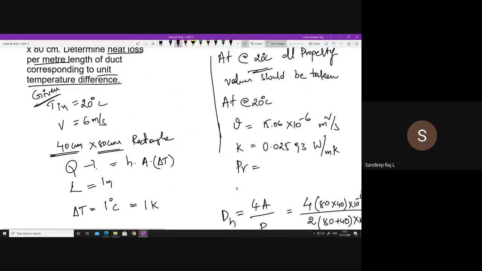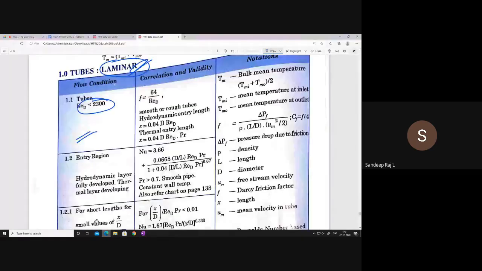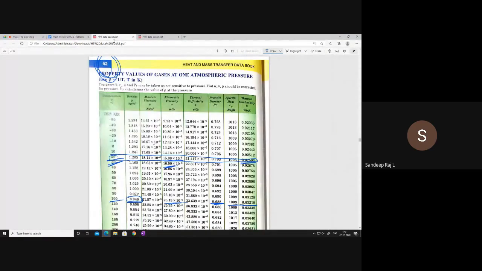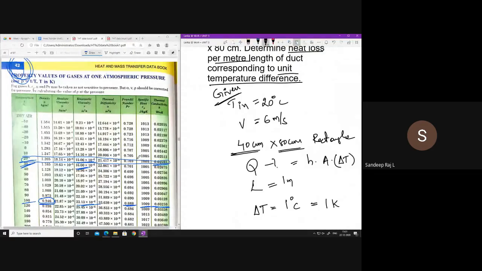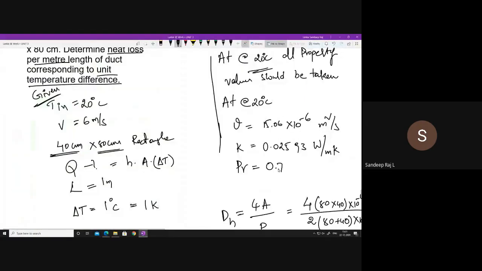It is on page number 42, and the Prandtl value is 0.703. So done with the right hand side.